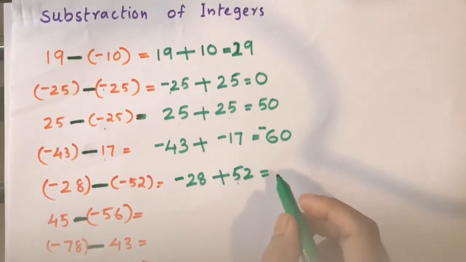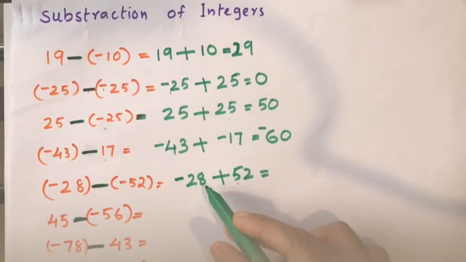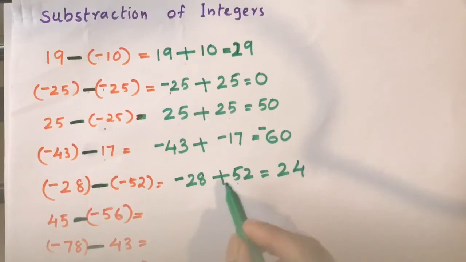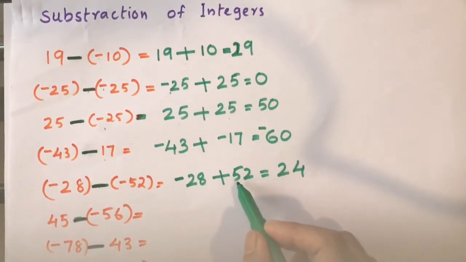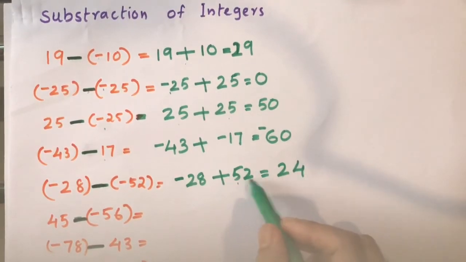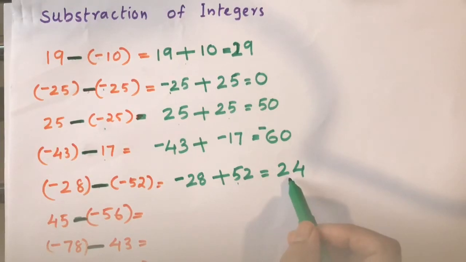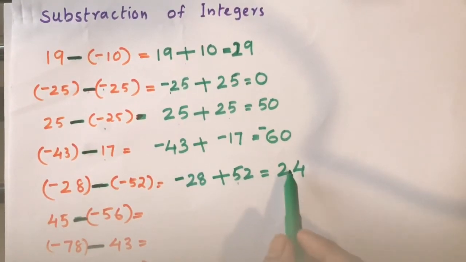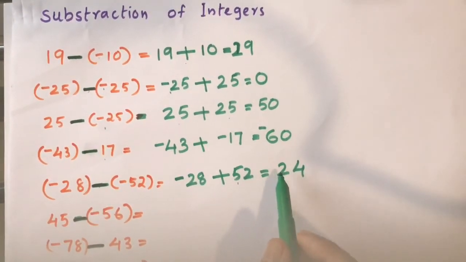So we need to subtract, that is 52 minus 28 will be 24, and keep the sign of the bigger number. Here 52 is bigger, so it is positive 24. When one number is positive and another number is negative, we need to subtract the digits, then write and keep the sign of the bigger number.